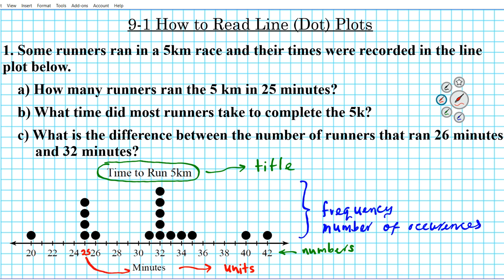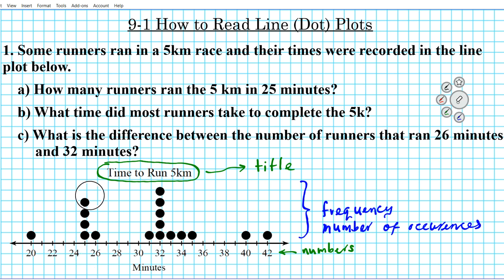It's 25 minutes. The number of dots above it tells you how many times this data point of 25 minutes occurs in the entire data set. So don't forget, you have the title, frequencies captured by the number of dots, the numbers, and then the units. Those are the key components of a line or dot plot.